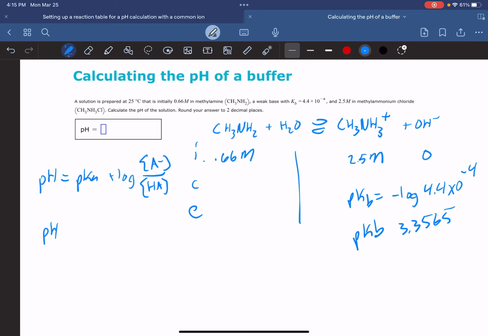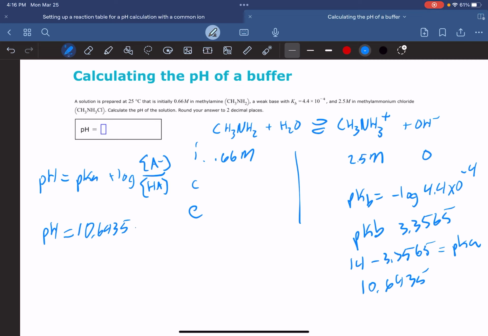And if I want to, I can just go then 14, subtract 3.3565, and that's going to be equal to my pKa. So when I do that, my value ends up being 10.6435.